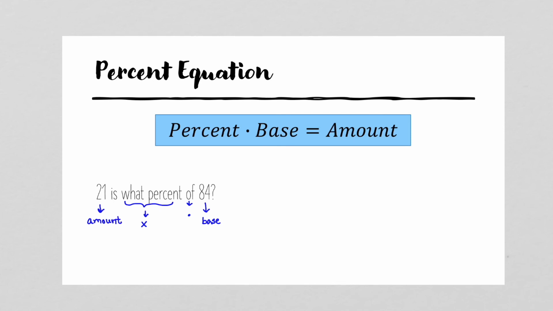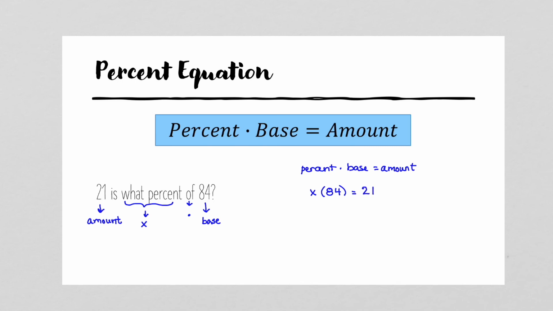Let me set up my percent equation. Percent times base equals amount. This time I'm looking for my percent, so my percent gets X, times my base is 84, equals the amount, which is 21.